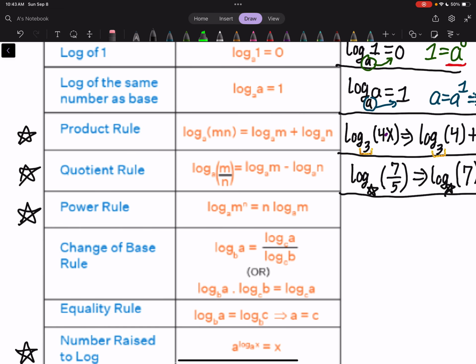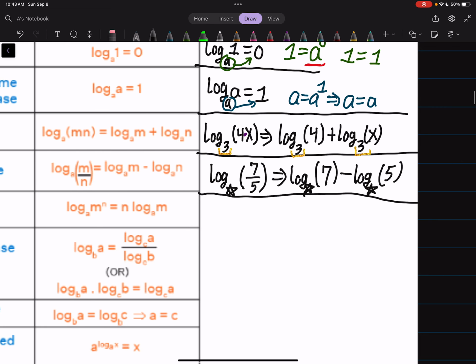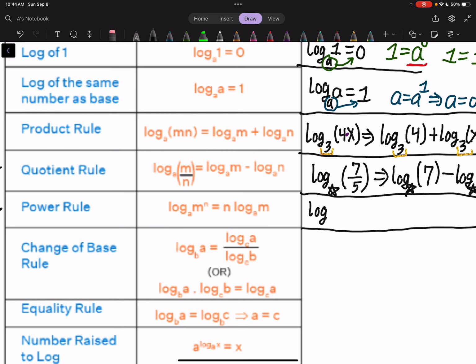Power rule. If I have log base 2 of 4, raised to the 3rd power, okay?